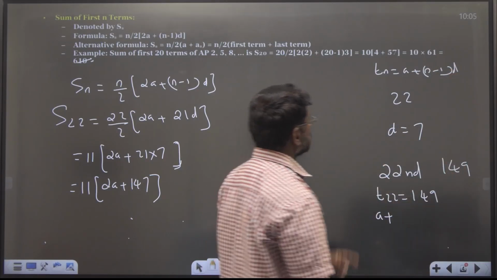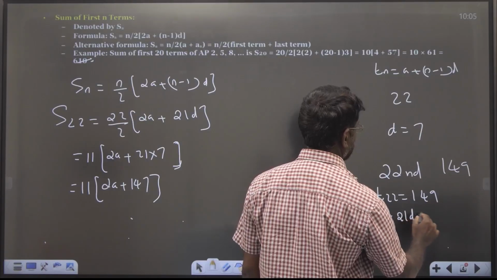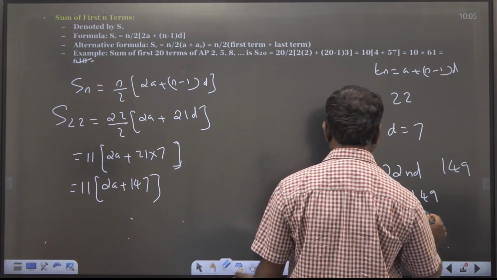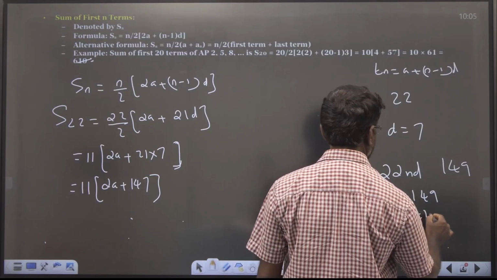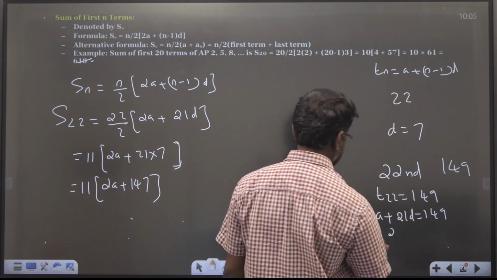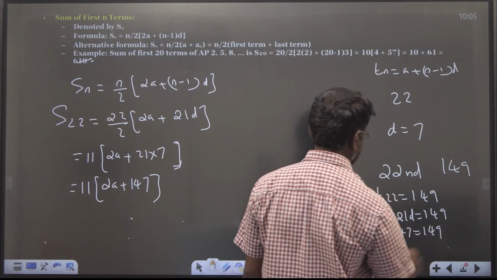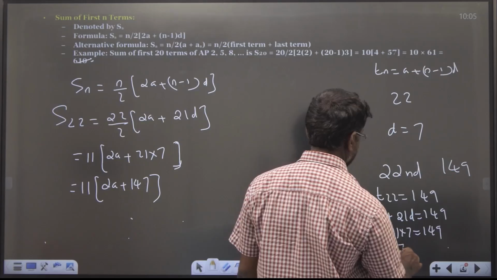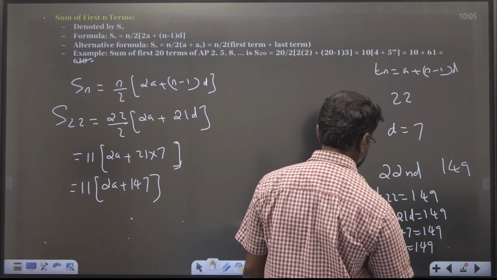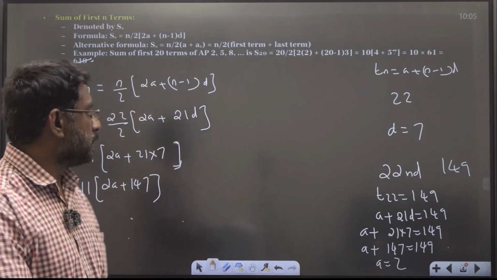So T22 means a plus 22 minus 1, 21, d, that is 149. So a plus 21 into 7 equal to 149. a plus 147 is 149. Therefore, a is equal to 149 minus 147, that is a is equal to 2.